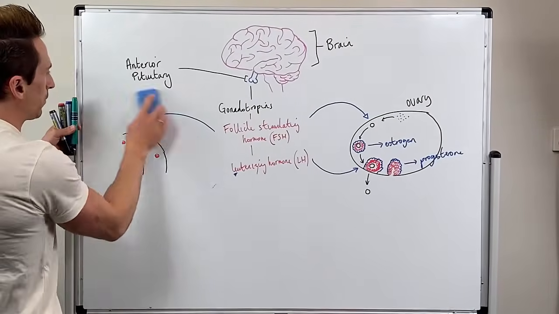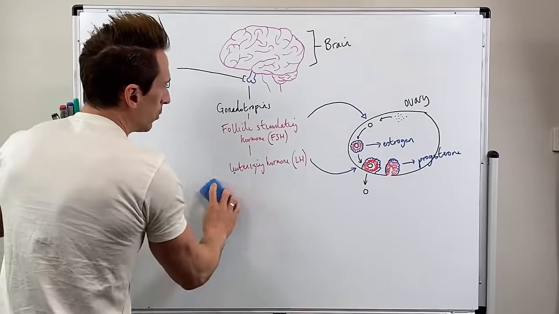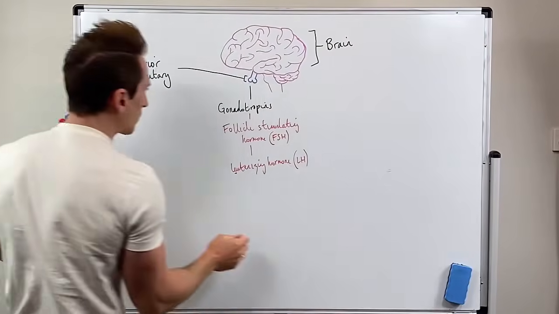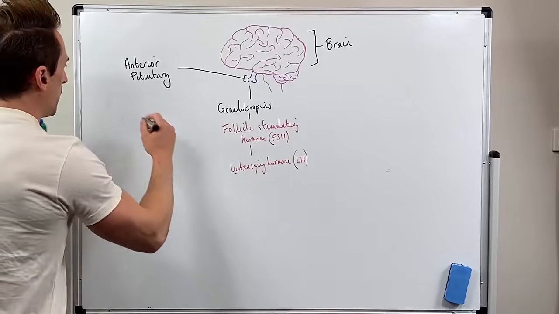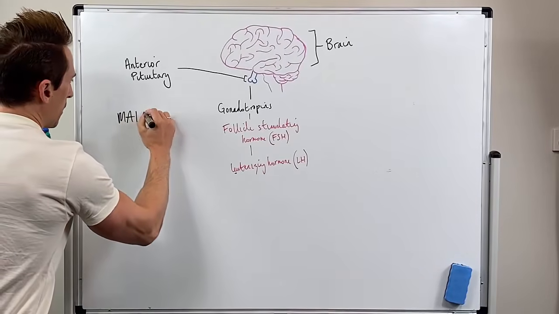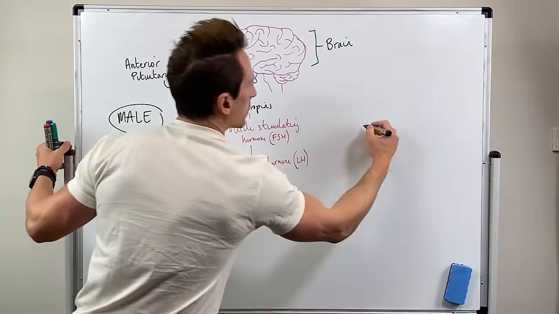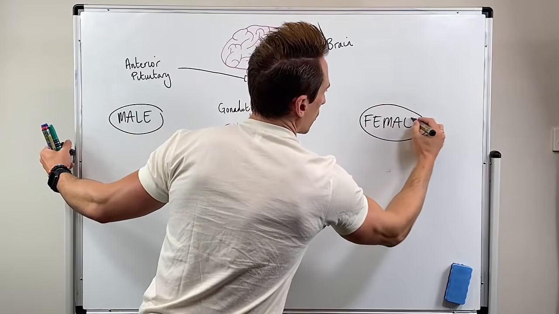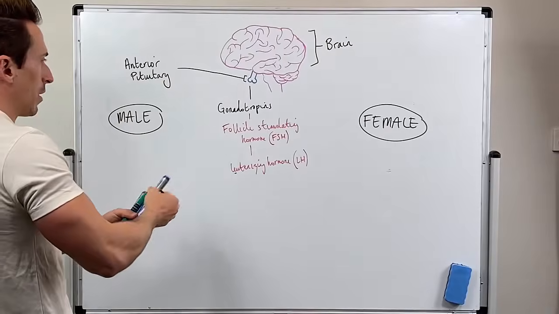Let's have a look. What we can now do is take this information that we've learnt. We can say, all right, here's male reproductive system, here's female reproductive system.